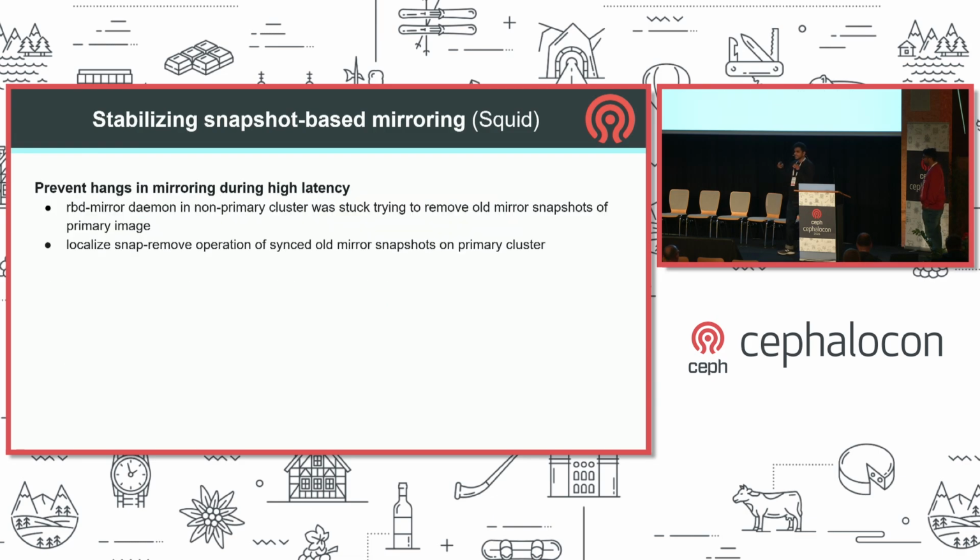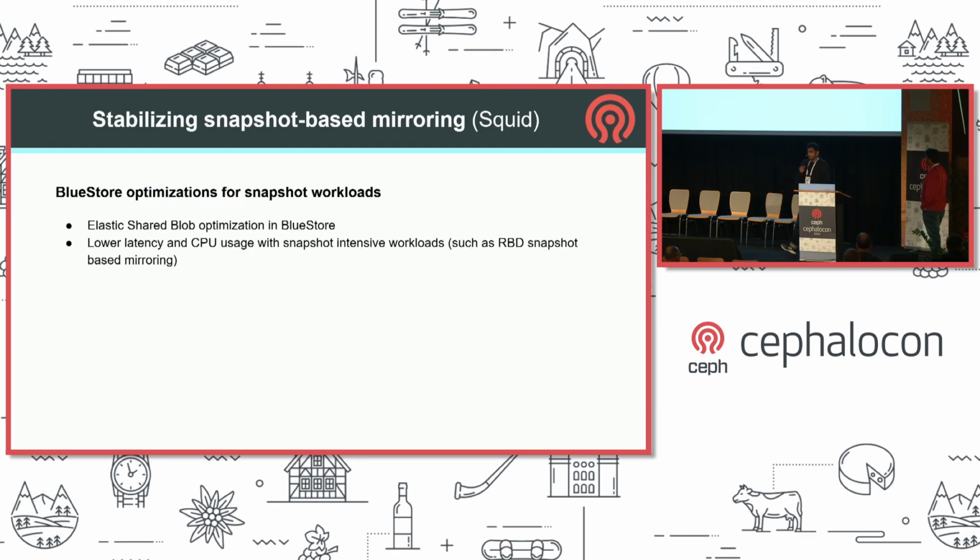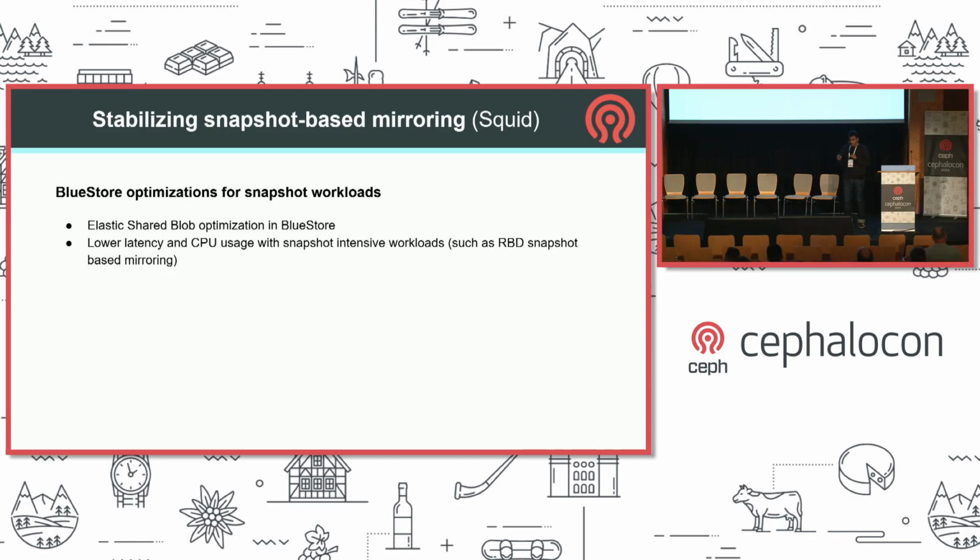And when there were high latencies between the primary and secondary, we observed that the RBD mirror daemon just stopped working. So we had to fix it so that the removal of the old sync snapshots in the primary, the cleanup of that, is localized to the primary cluster itself. We also observed that in these constrained environments, the latency of the OSD requests was very high.